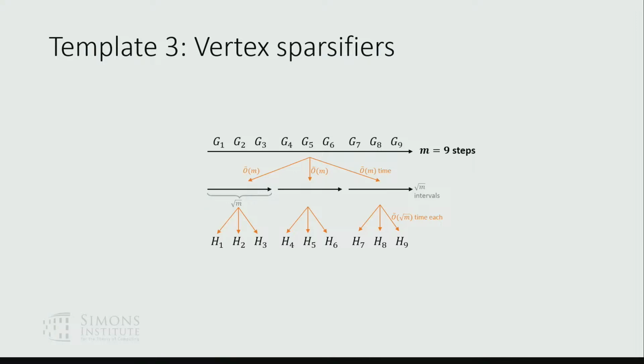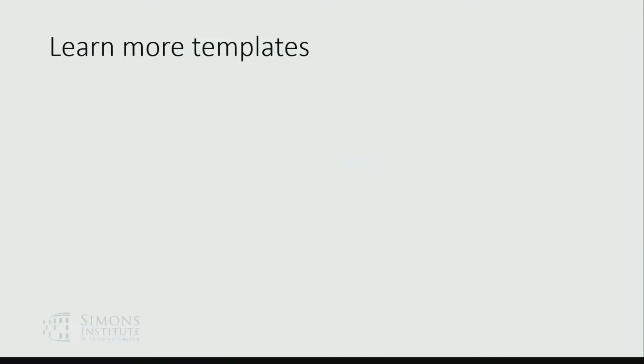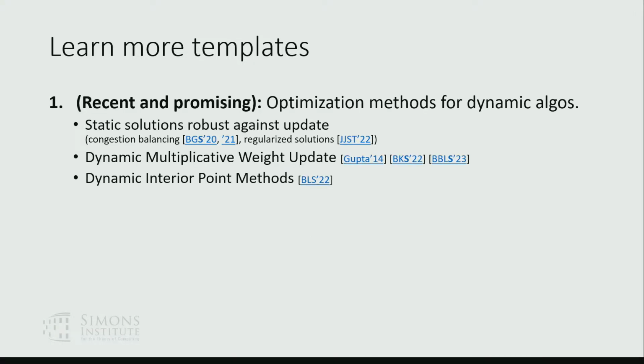Last thing is the vertex specifier idea. There are more templates that I will not have time to talk about. The recent and quite promising template is the thing that Aaron mentioned in the introduction of this workshop, which is to start with some optimization method that is suitable for dynamic algorithms.